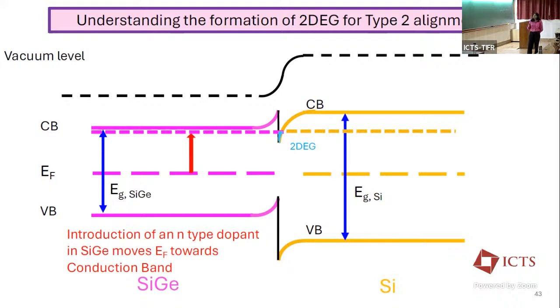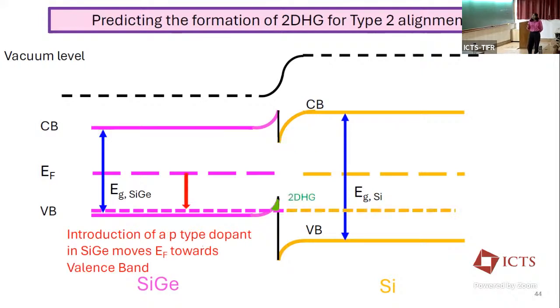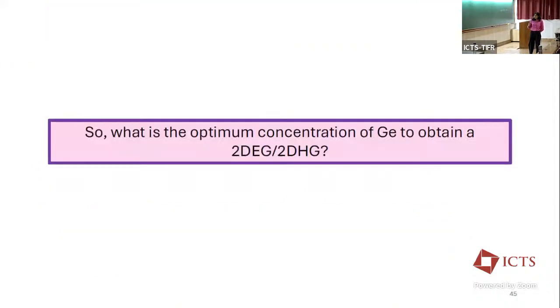On the other hand, you also have a valence band offset. So if you're able to move the Fermi level by p-type doping in silicon germanium, then you can also have a two-dimensional hole gas. But this is our prediction, and we hope to verify this by further calculations on heterostructures and also experimentally. So this hasn't been reported so far.